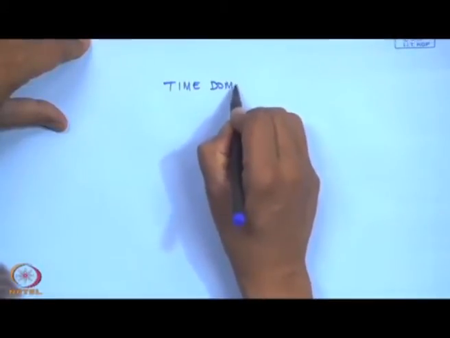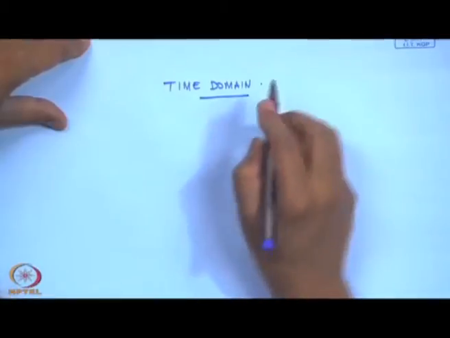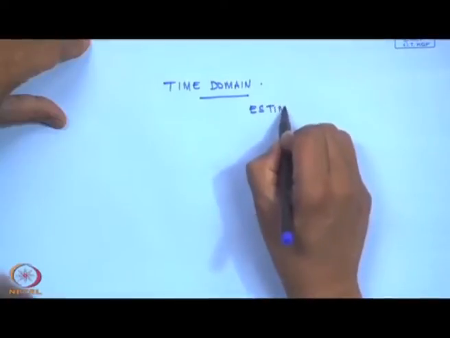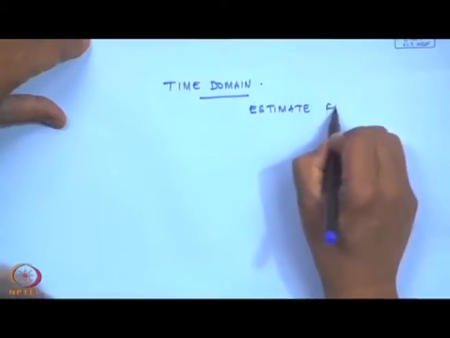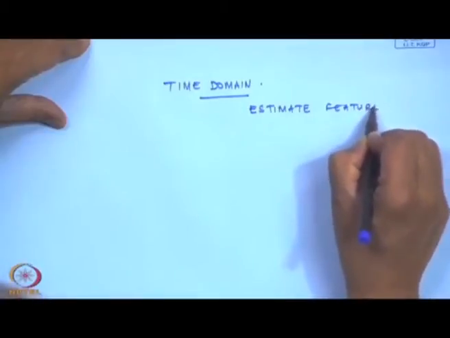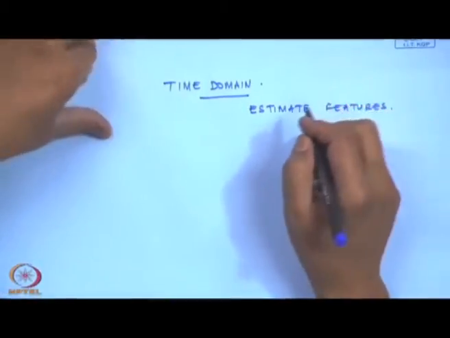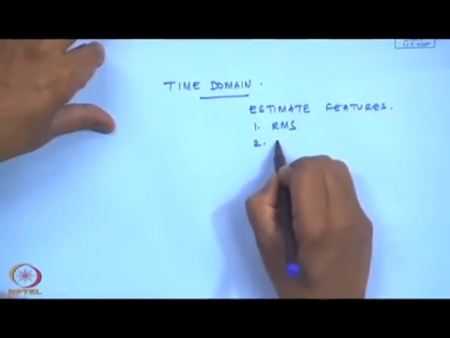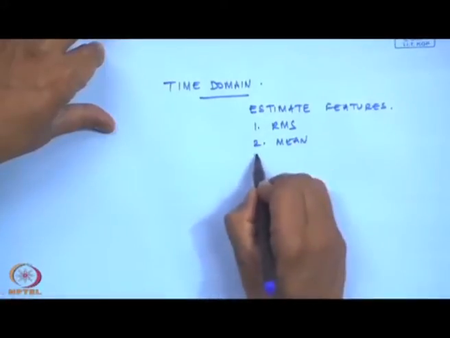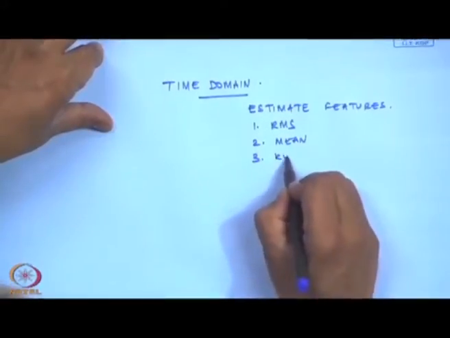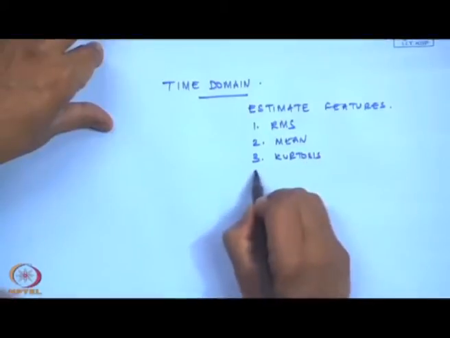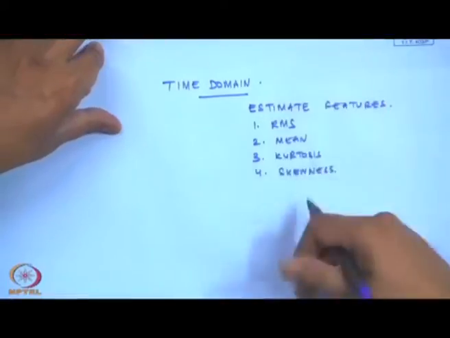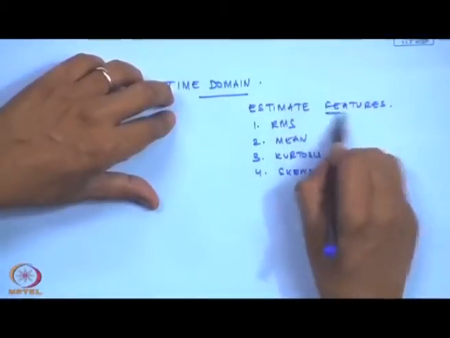In time domain, we can estimate the features, and there are many features we can estimate from the gearbox time domain signals. One, of course, the RMS, the mean, the kurtosis, skewness, etc. Earlier we were told there are about 20 different features which we can find out.